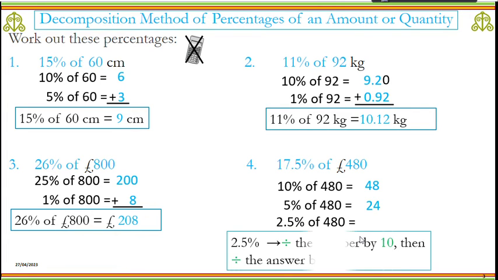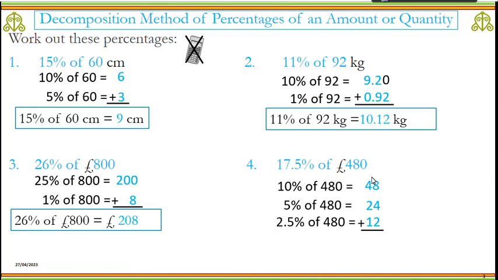And 2.5% is the 10% answer divided by 4. 10% gives us 48. 48 divided by 4 gives us 12. So we add all these three to get 17.5%, and we have 84 pounds.